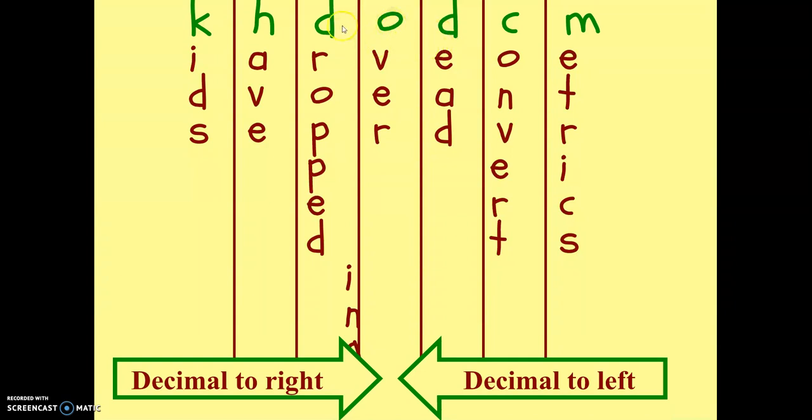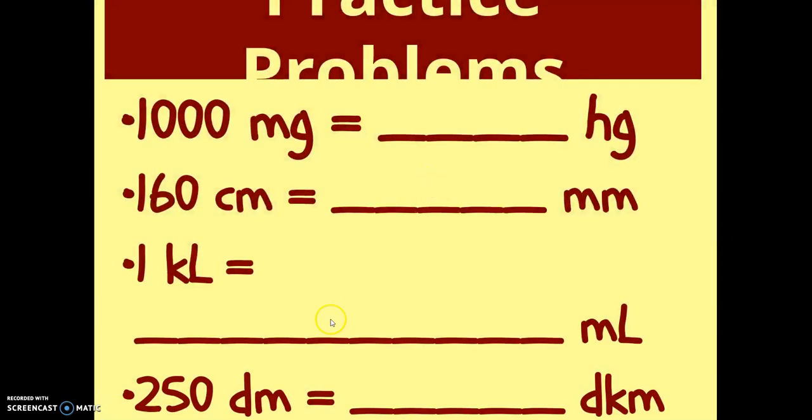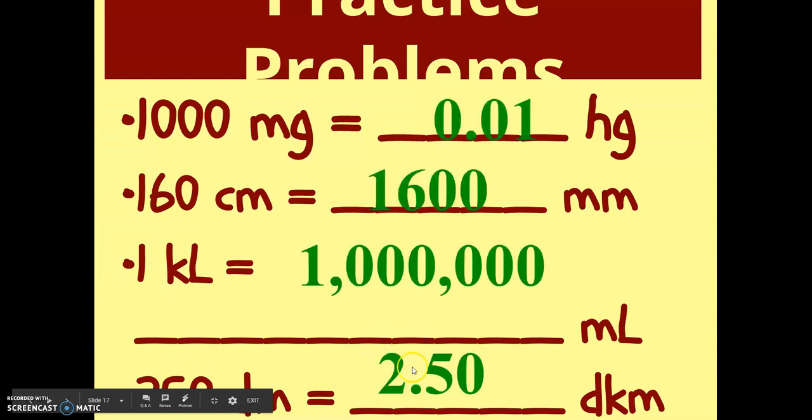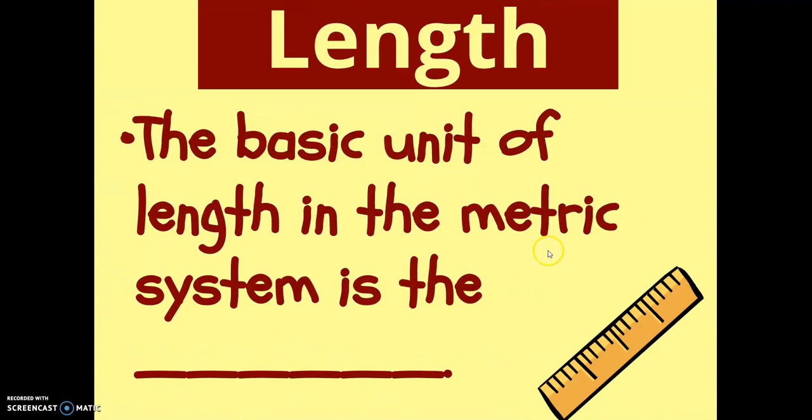So we go 1 to the left. So look at the problem here. If we have 250, what do you think the answer would be? We'll go to the left. So 1, 2. So we should see 2.5 decameters. They're still equal to each other, but the numbers are different because the units in front are different, the prefixes.